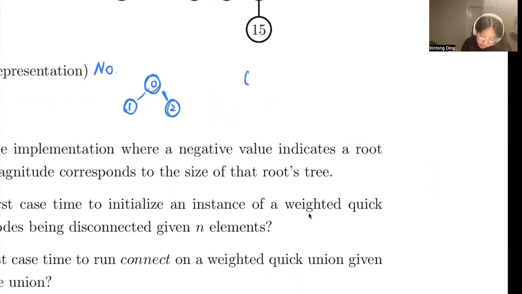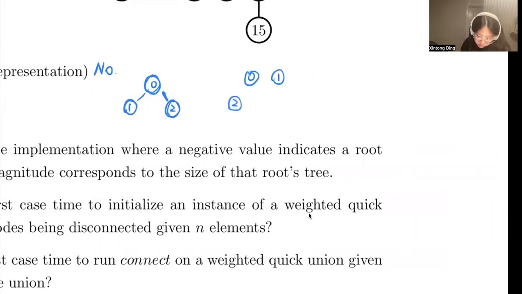Let's just look at the other case. If we call connect on node 2 to node 0 first, it's going to give us something like this. And then if we call connect node 1 to node 0, it's going to be something looking like this. And then similarly, if we call connect node 1 to node 2, it's also going to give us a graph looking like this.